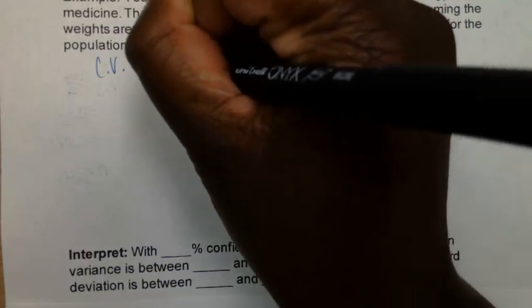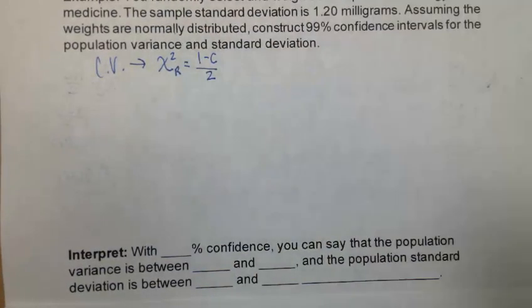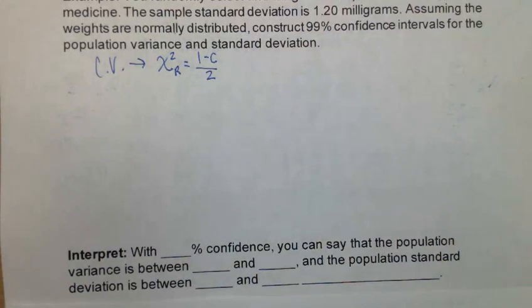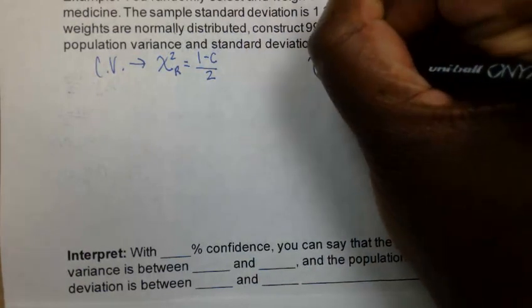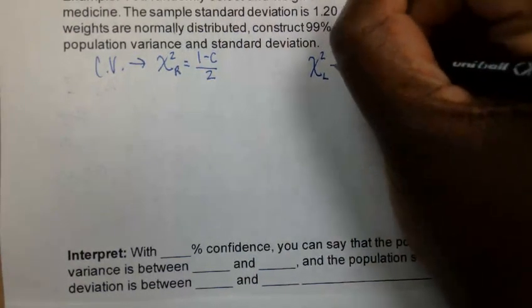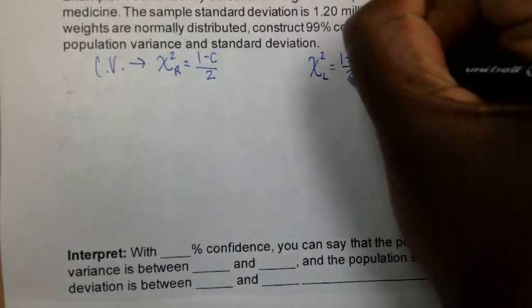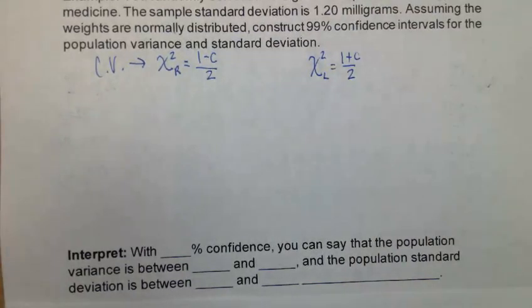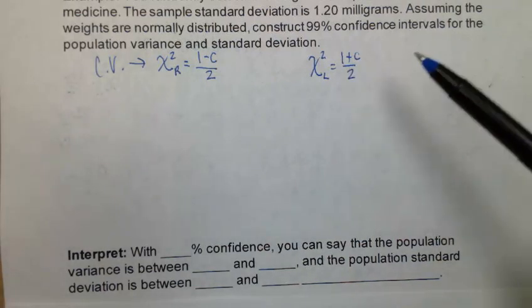Chi-squared right is 1 minus c divided by 2, and chi-squared left is 1 plus c divided by 2. This is not on your formula sheet, so you're going to have to remember this.